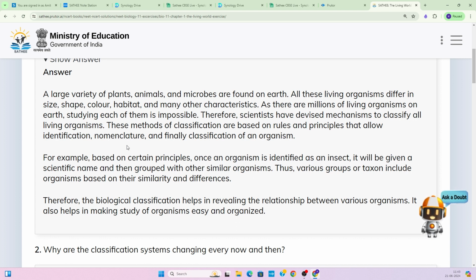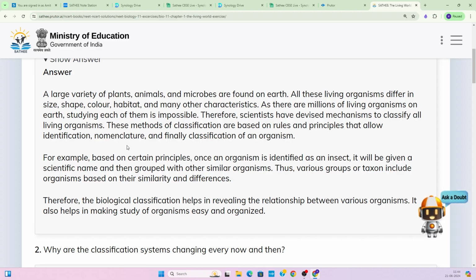Like this, we see the similarities and dissimilarities between the groups, and the organism which we have identified and named, we can place according to the similarities and differences in the groups.